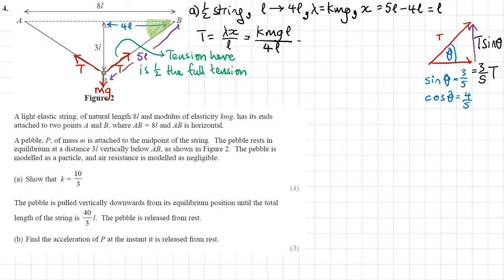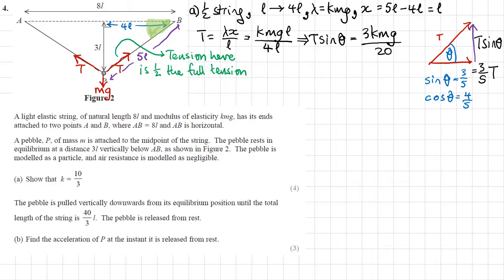Now, T sine theta is basically going to be 3/5 of what I've got here. So simplifying that and working out 3/5 of kmgL over 4L gives me 3kmgL over 20L, and then you can see that the L's cancel out, so it's just 3kmg over 20.